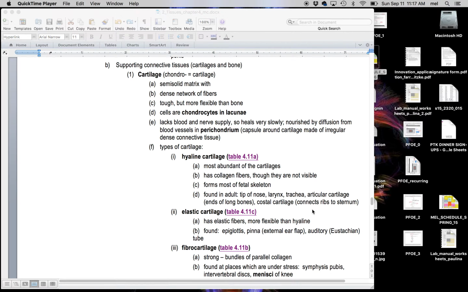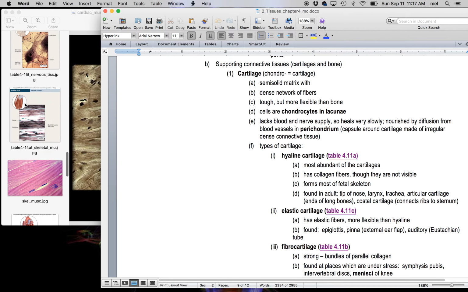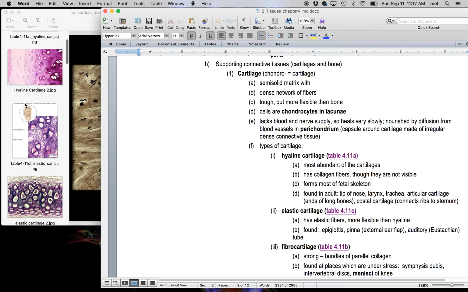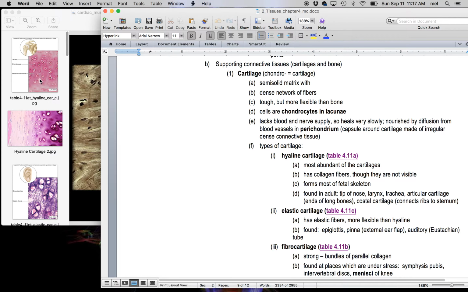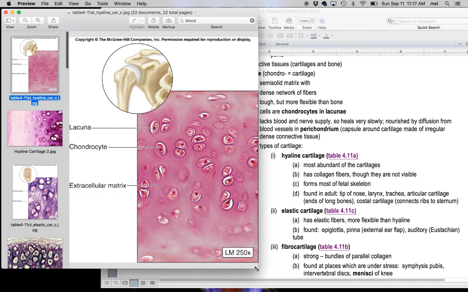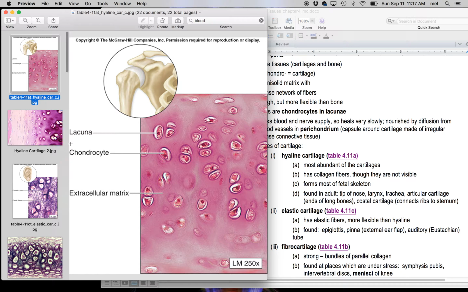Okay, so where we left off was we were talking about cartilage in general. And so what I asked is for you guys to look through all of the different cartilages to see if you could see some commonalities and similarities in them. And what is most noticeable about cartilage to me is that if you look at cartilage, most of the cells have that bright frame around them.